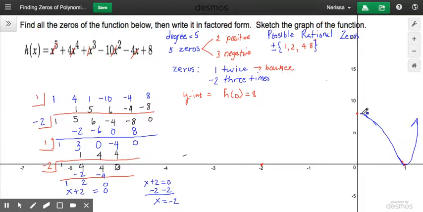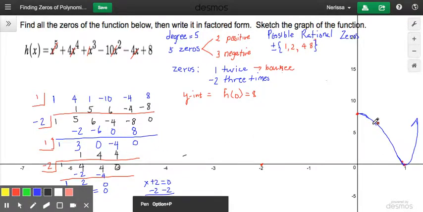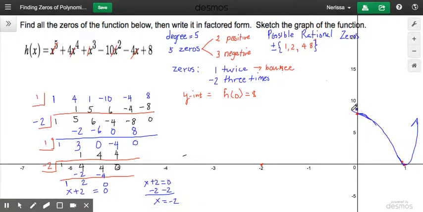Okay, then for this one, maybe it's gonna go up somewhere and then come down for this.